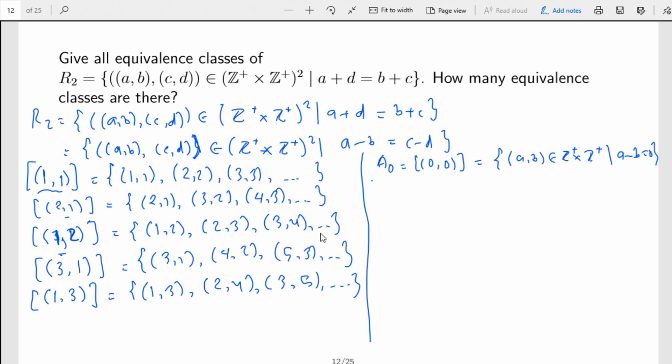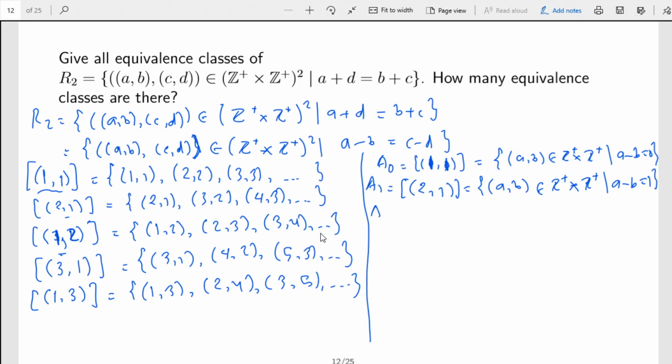The second equivalence class, a1, is represented by (2, 1), and this is the set of pairs (a, b) in positive integers such that a minus b is equal to 1.